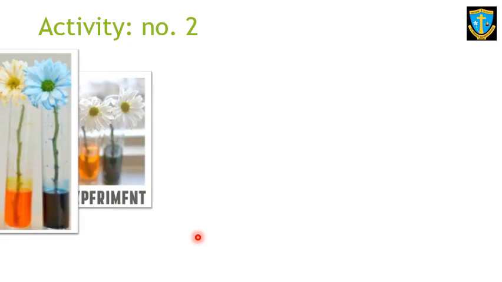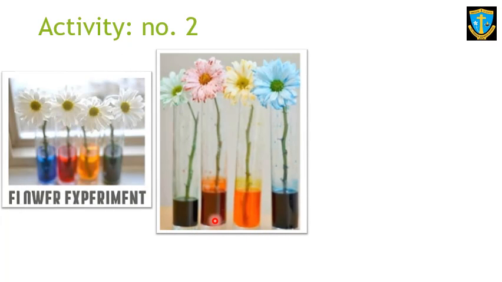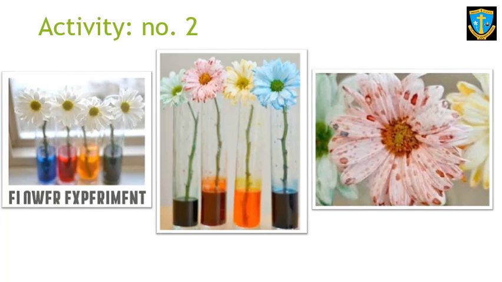You have to keep it for some time, and after some time you will observe that the color of the flower changes. Why is this happening? Can you tell me? Yes, because this shows that the stem is absorbing and transporting the colored water to the different parts of the plant, here in the case of the flower. Therefore, the color changes.